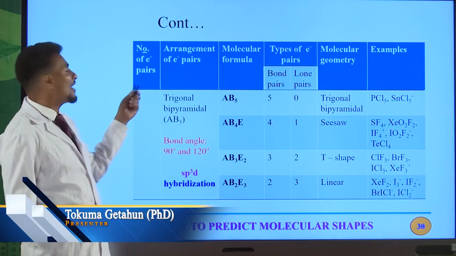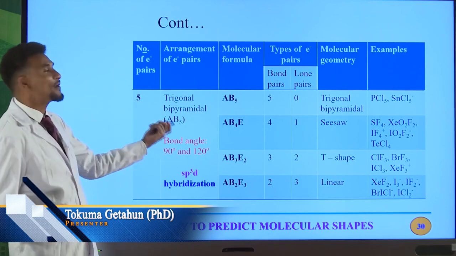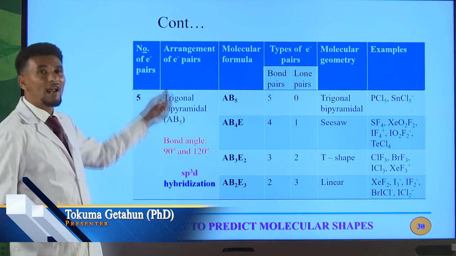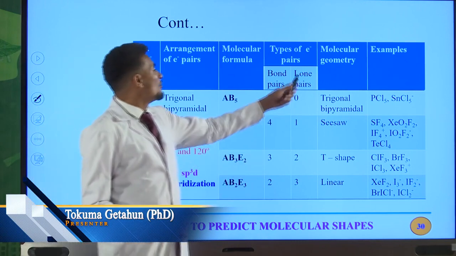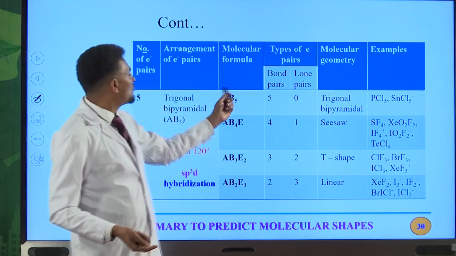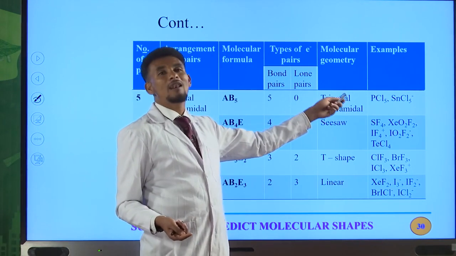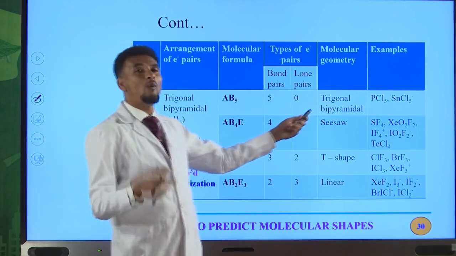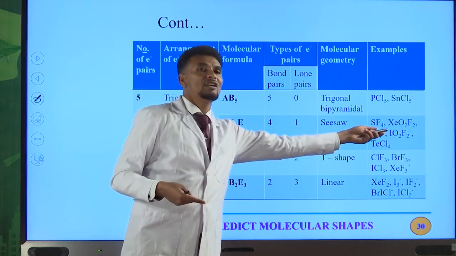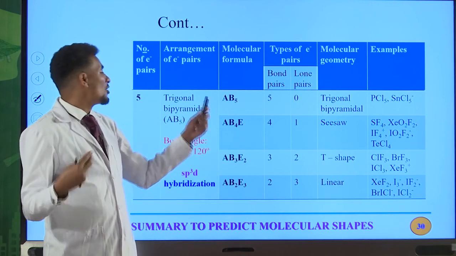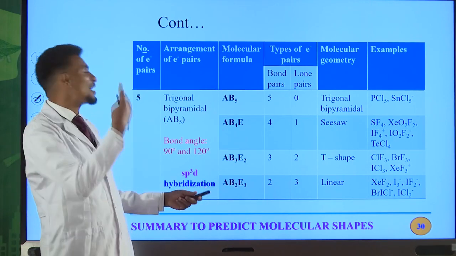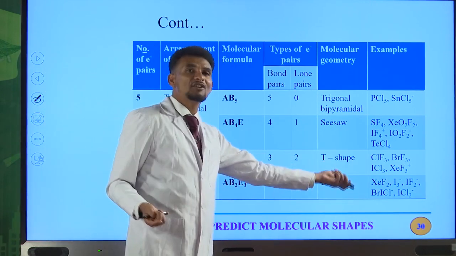5 total pairs of electrons, 5, trigonal bipyramidal. So this is the electron pair arrangement, electronic geometry, molecular geometry. If there is no lone pair, trigonal bipyramidal. If you have one lone pair of electrons, seesaw, these are examples. If you have 2 lone pairs of electrons, but 3 bonding pairs, that is T-shape.